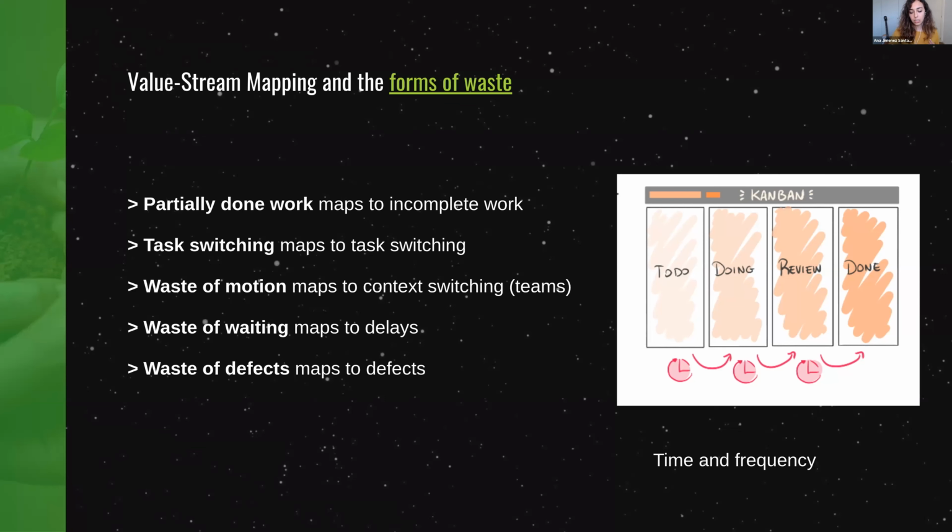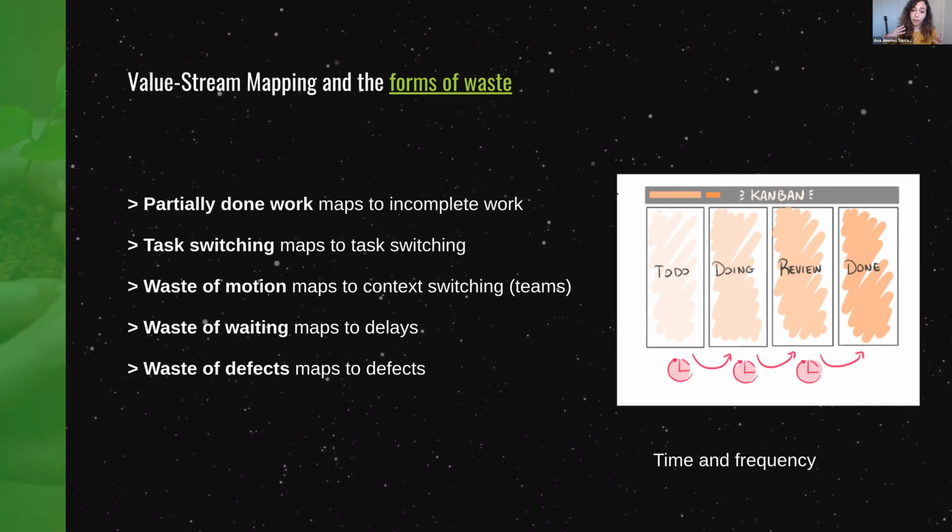So that's also time that can be measured. And also waste of waiting, so delays, like, okay, we cannot continue because we need approval from another team, and that's blocked. So that's another form of waste. And waste of defects, that are basically defects.